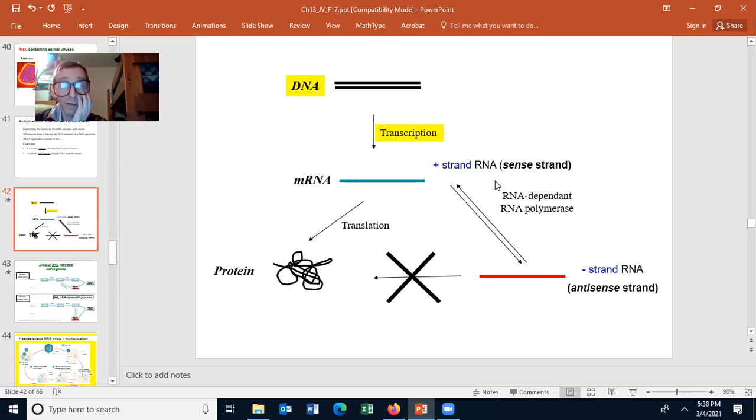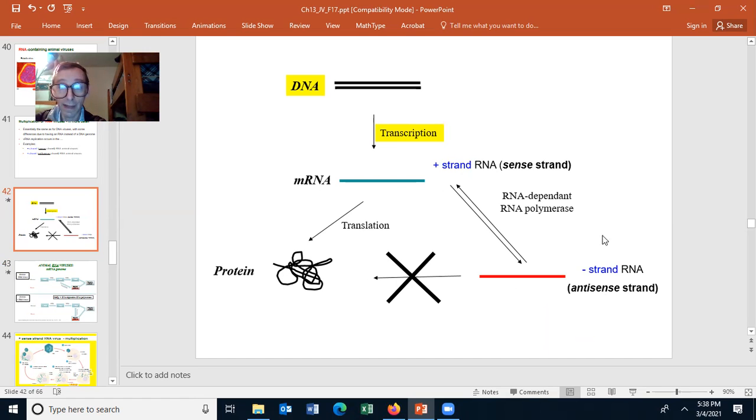If the genome of the RNA virus is positive strand, it makes the negative strand, the antisense, and then uses that strand to make more of the positive strand RNA for the genome. And then the positive strand, single strand, can be translated and used as messenger RNA to make the viral proteins.